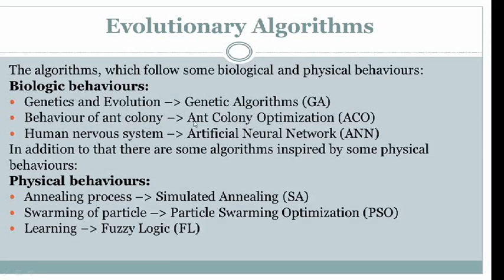Behavior of ant colony gives ant colony optimization, ACO. The human nervous system creates artificial neural network, etc. With respect to physical behavior, the annealing process gives simulated annealing optimization, and swarming particles give particle swarm optimization PSO, learning, fuzzy logic, etc.